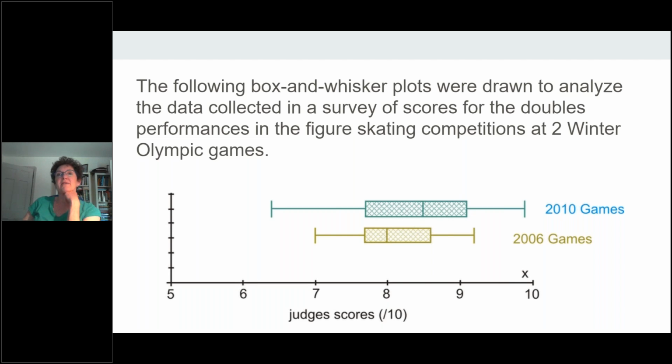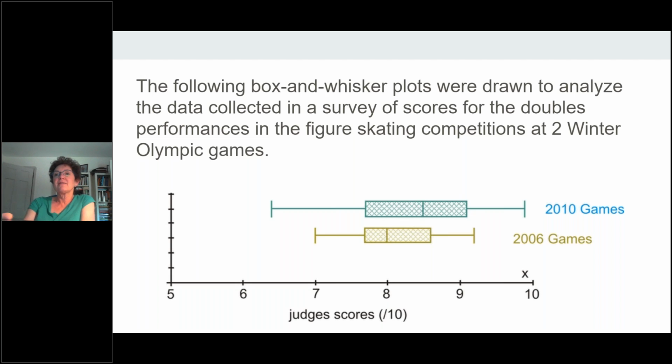So here is another example of box and whisker plots. These box and whisker plots were drawn to analyze the data collected in a survey of scores for the doubles performances in the figure skating competitions at 2 Winter Olympic Games.